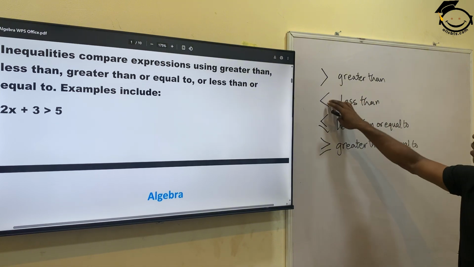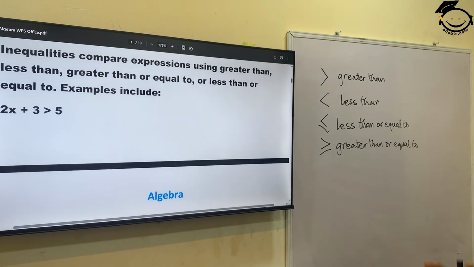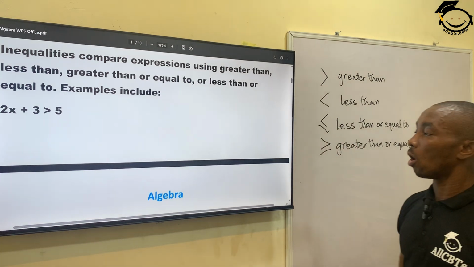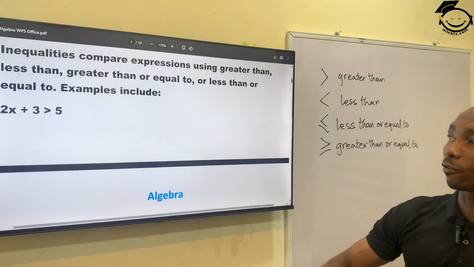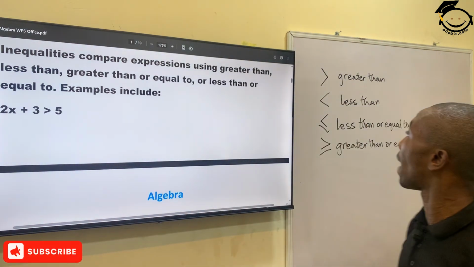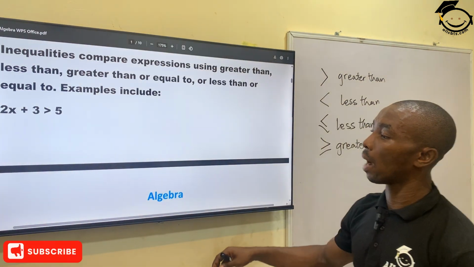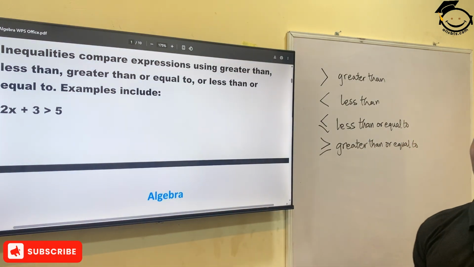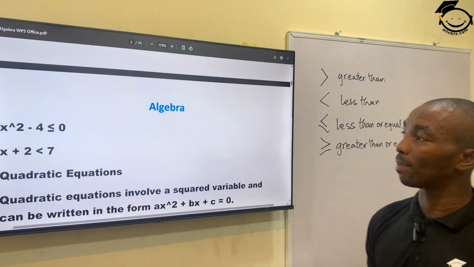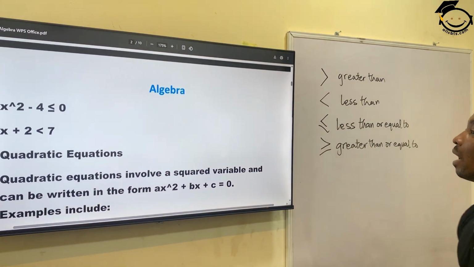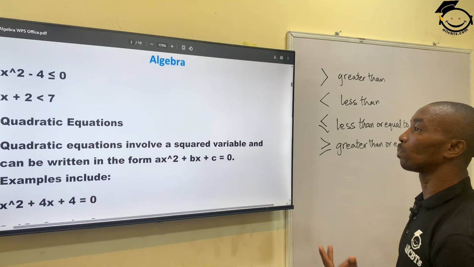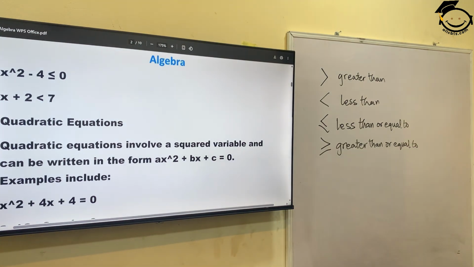Whenever you see symbols like this, your mind should strike directly to inequalities. Examples: 2x plus 3 is greater than 5, x squared minus 4 is less than or equal to 0, and x plus 2 is less than 7.